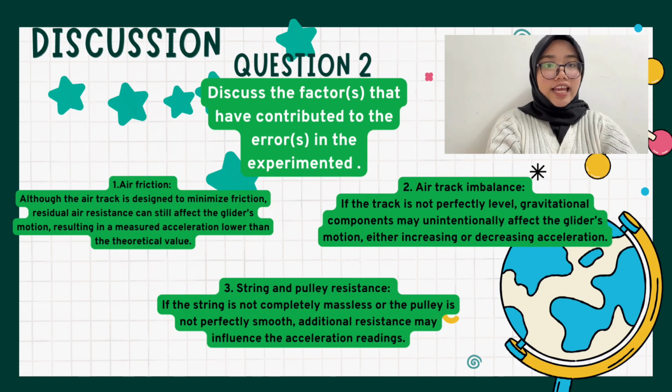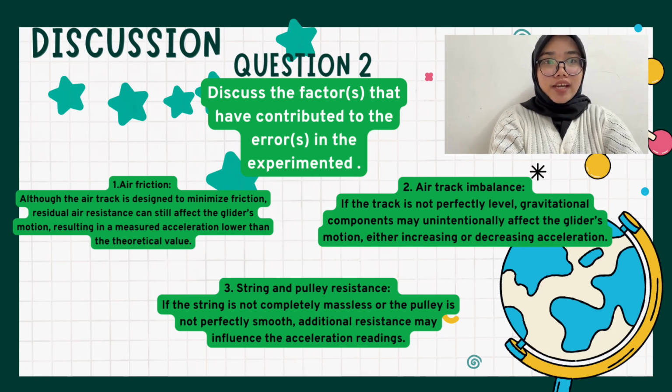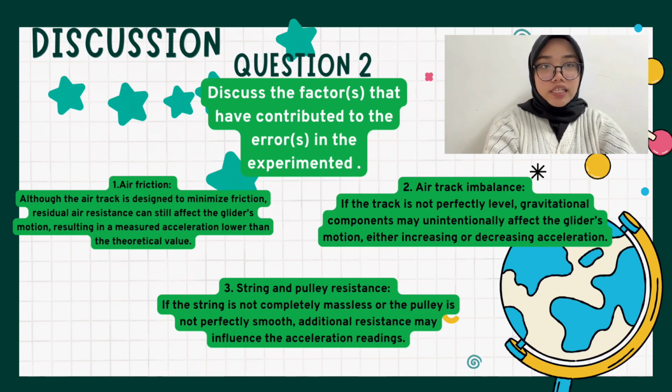Discuss the factors that have contributed to the errors in the experiment. First, air friction. Although the air track is designed to minimize friction, residual air resistance can still affect the glider's motion, resulting in a measured acceleration lower than the theoretical value. Second, air track imbalance.